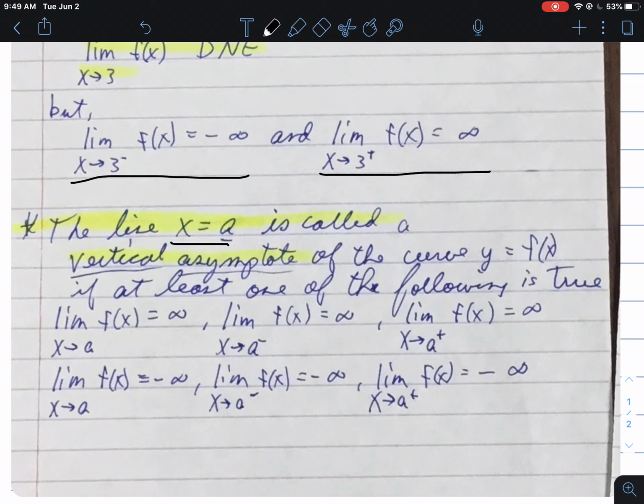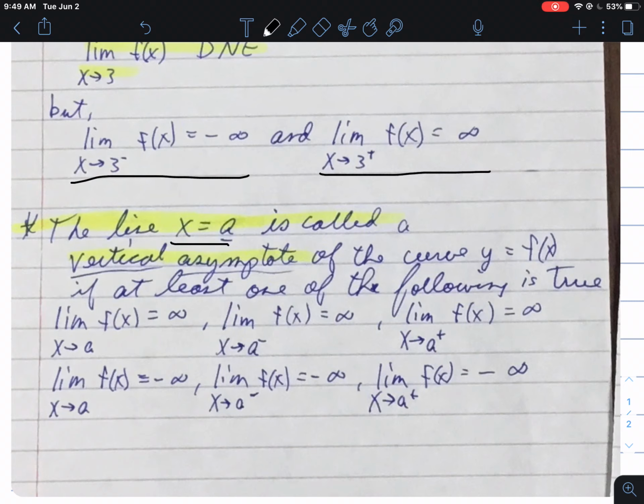And that all has to do with these infinite limits. If the limit as x approaches a of f of x equals infinity, the limit as x approaches a of f of x equals negative infinity, or one of those one-sided limits, right, as x approaches a from the left or the right.